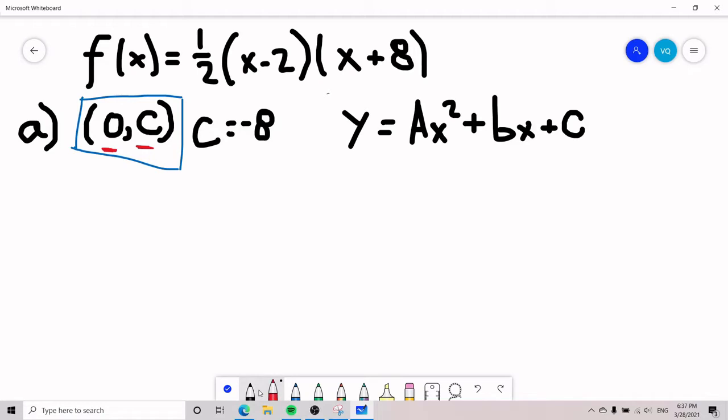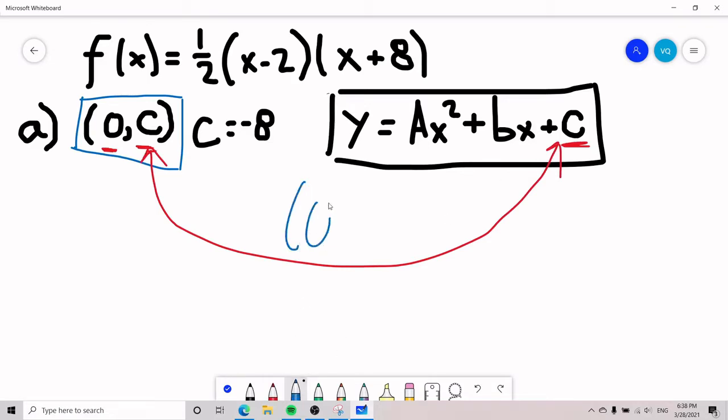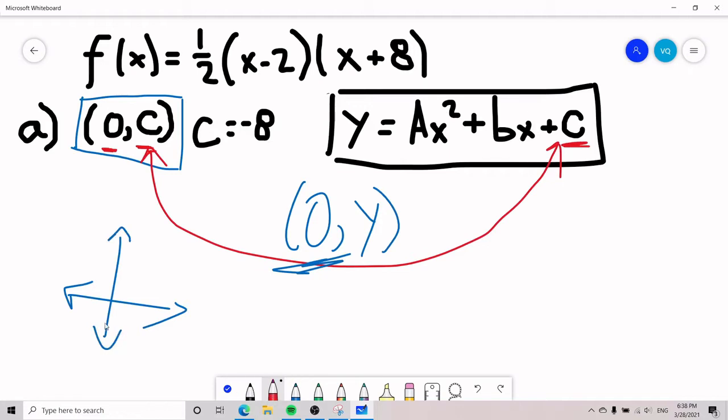If I have it in this form, the number that is alone, which is actually the same c here, is always going to be my y-intercept. Why is it always going to be my y-intercept? Because if I plug in 0, comma y, forcing x to be 0 and having the same explanation that I had before, where I have to get the y-intercept because my x is 0.